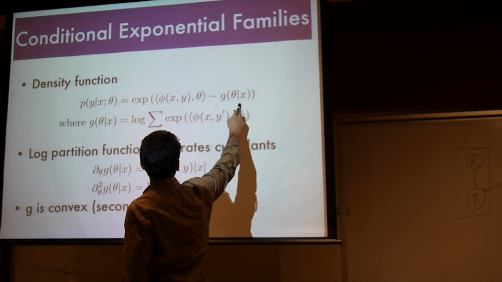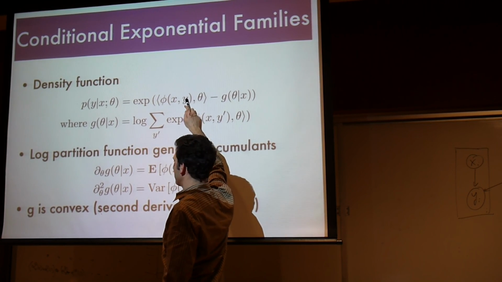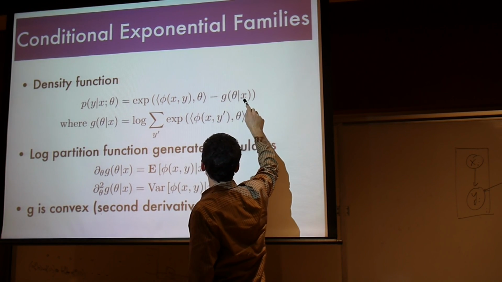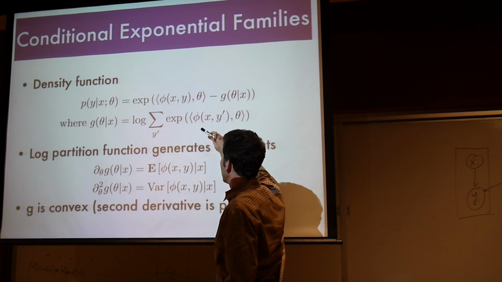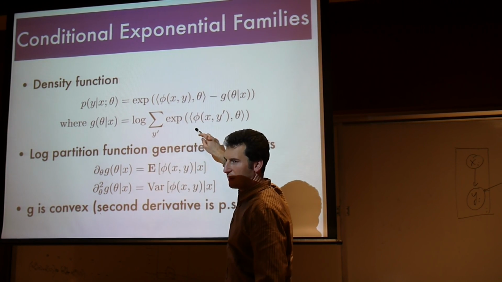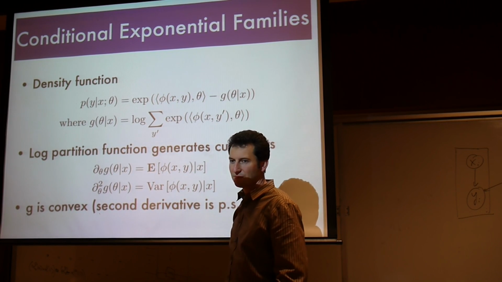And I now just have some feature map of x and y jointly in a product with theta minus g of theta given x. And this g of theta given x is again the normalization, where now I only sum over the y primes as opposed to the x's.